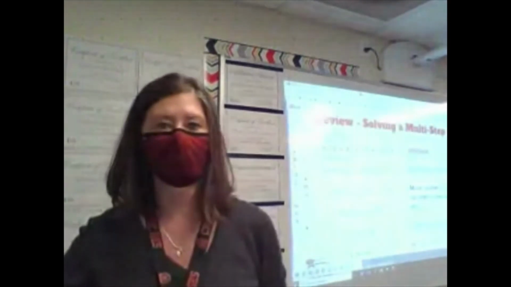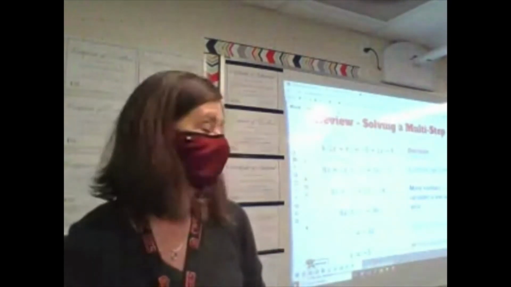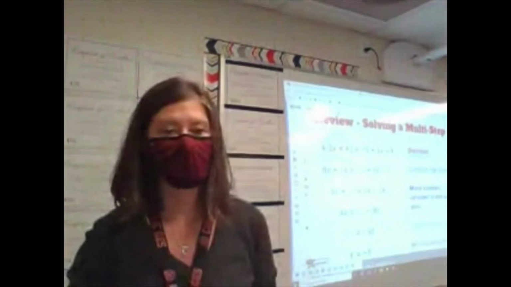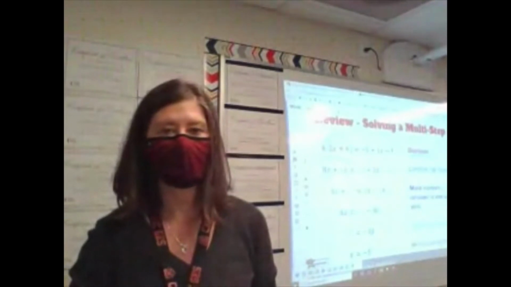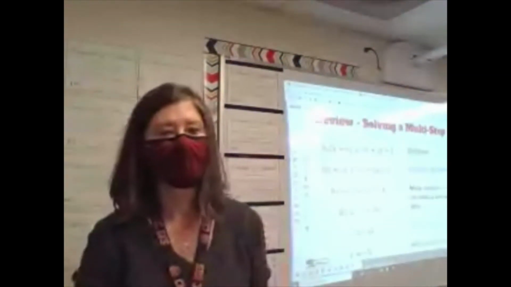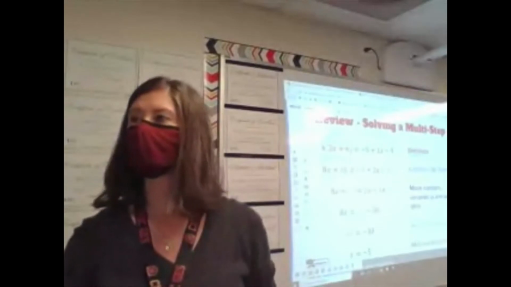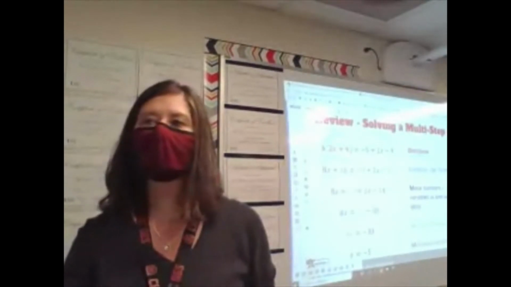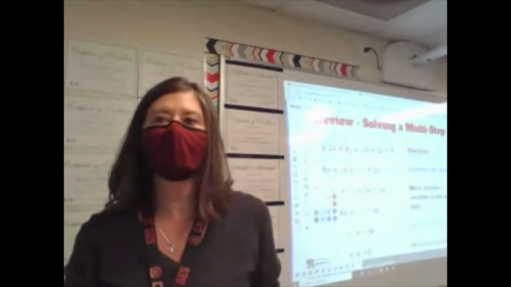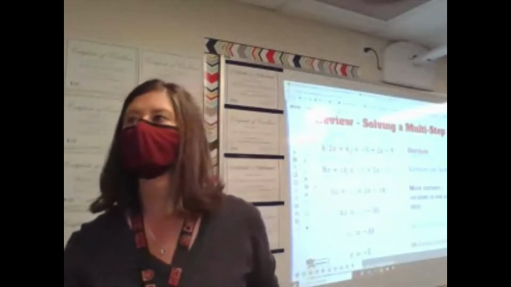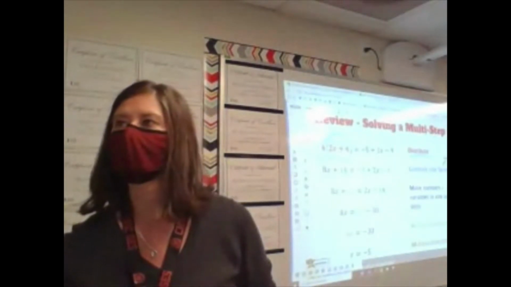Alex, what's our next step after distribute? Okay, combine like terms. So what defines a like term? How do we know if our terms are alike? What do they have to have?